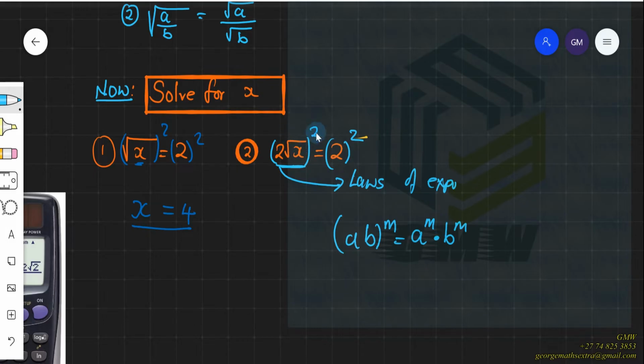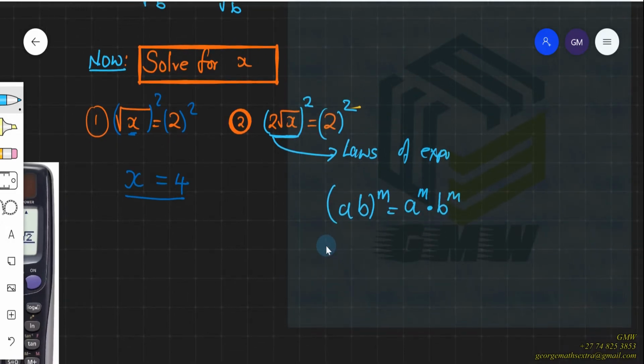So with that idea, having a squared here means 2 must be squared and the square root of x must be squared. So in the end, I will have a 4, then an x, because if you square the square root of x, I remain with x, then on the other side, I will have 4. Now, it is algebra again, I divide both sides by 4, then I get my x equal to 1.